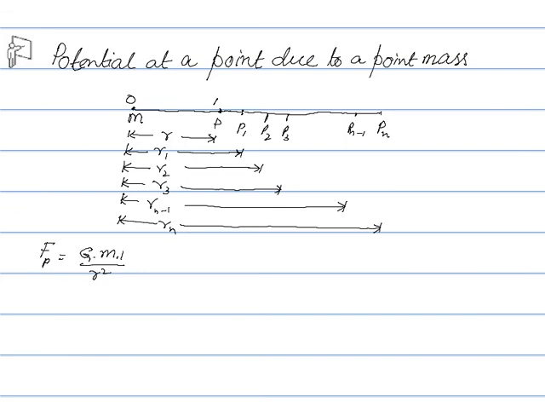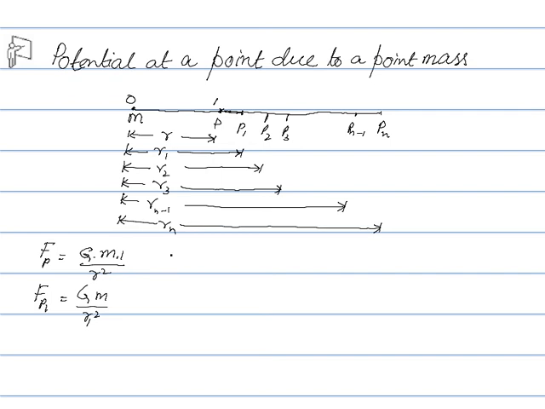Similarly, if we consider the unit mass at the point P1, the force at P1 is G M by distance r1 square. By comparing these two forces at P and P1, we find that the force differs by inverse square distances. So we can say that the average force between P and P1 can be obtained by taking the geometric mean of these two forces.